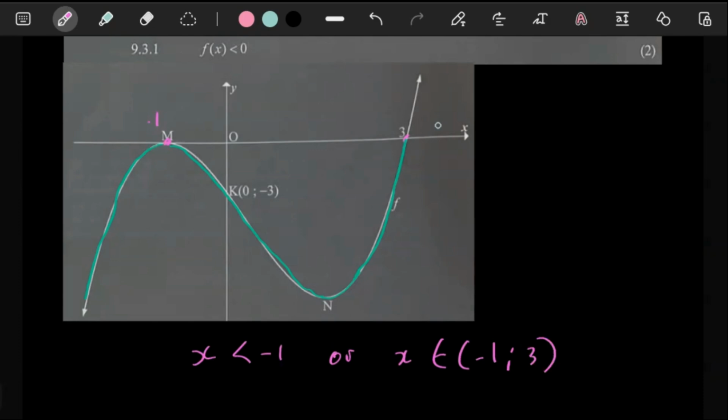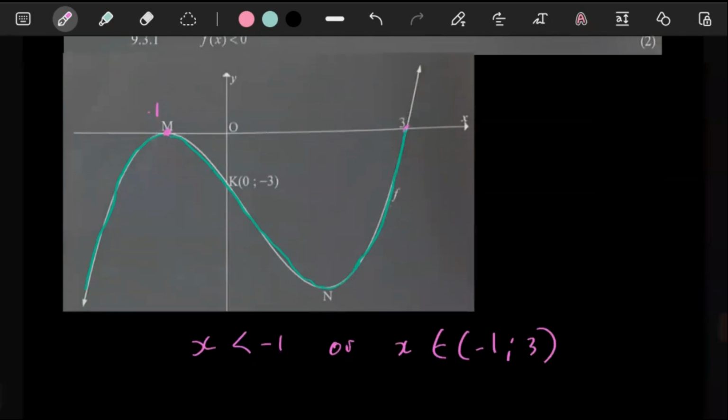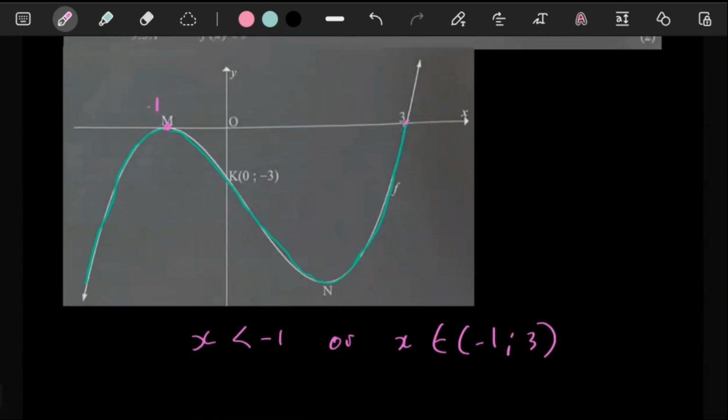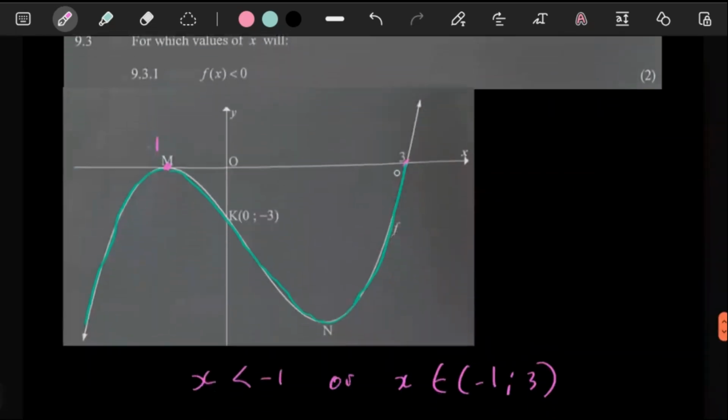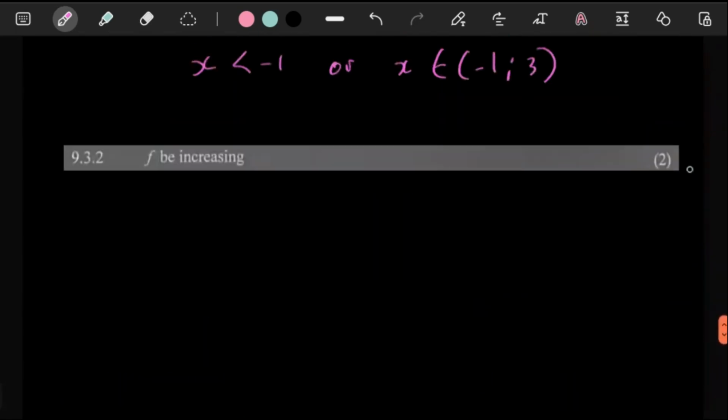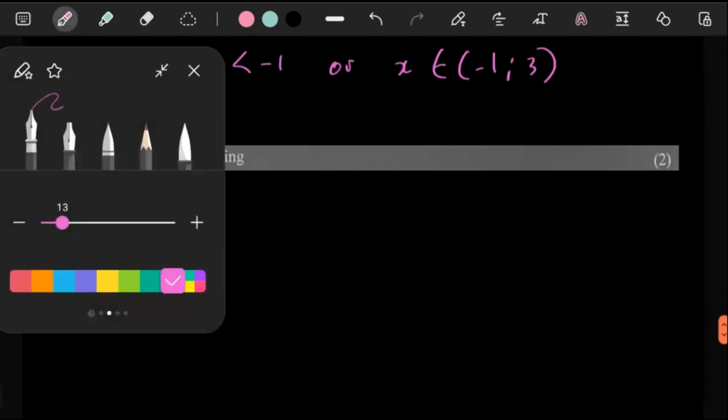So from -1 until 3, and from -1 until -infinity, those are the x values where this graph is going to be below 0. That's why this is just a 2-mark question, because you can just get it from your image. From here to there, and then from there going to -infinity. 2 marks.